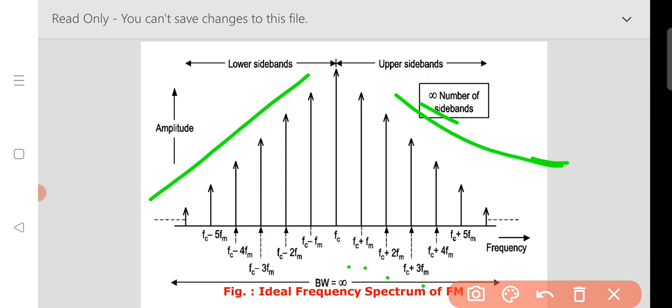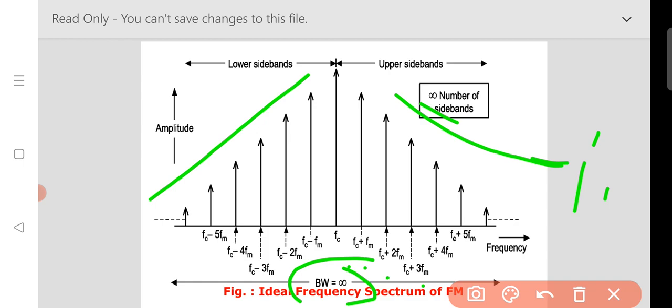Next, another important term: the bandwidth for the ideal frequency spectrum is infinite. For the wideband FM, we can't say the bandwidth is a fixed value, because it produces an infinite number of sine waves. That's why we can't say what the bandwidth is.